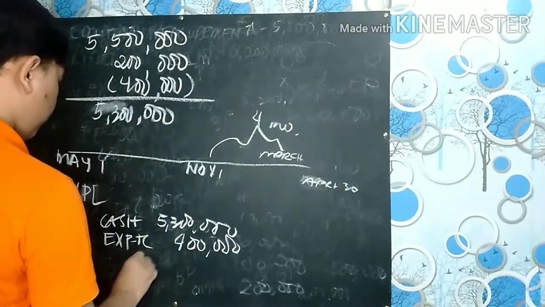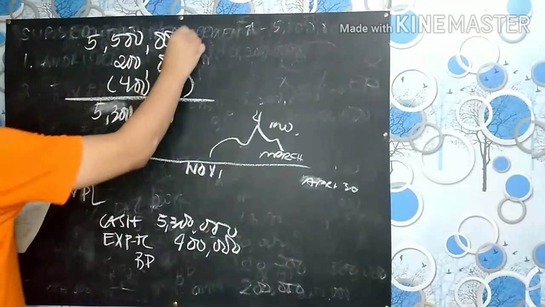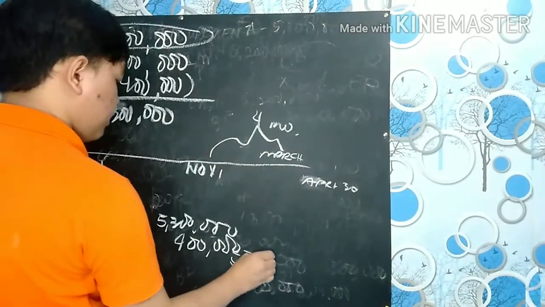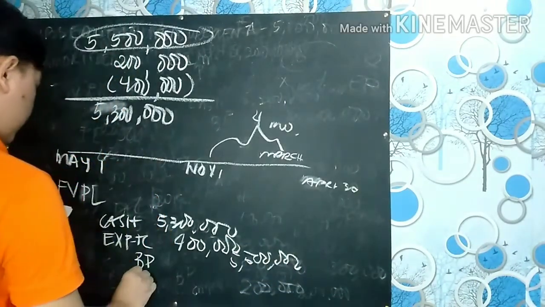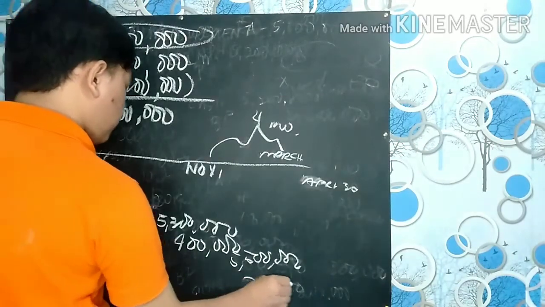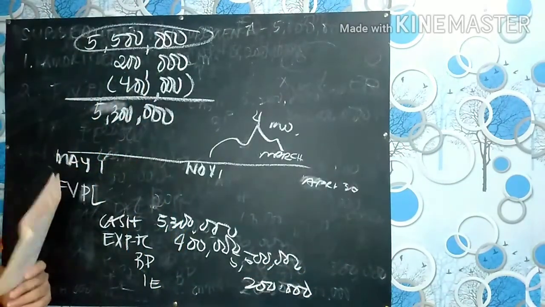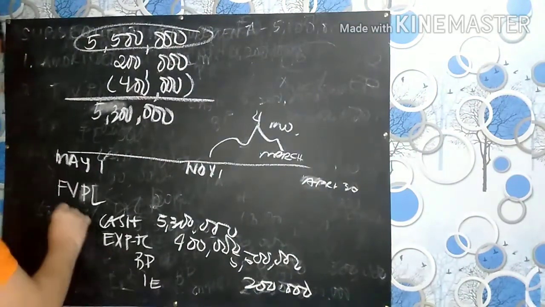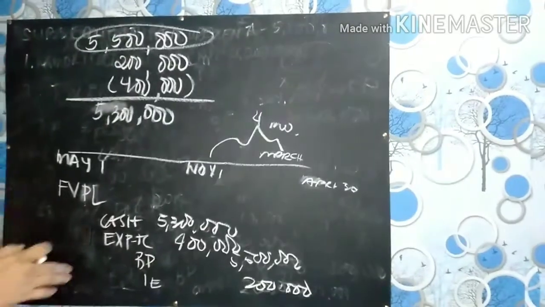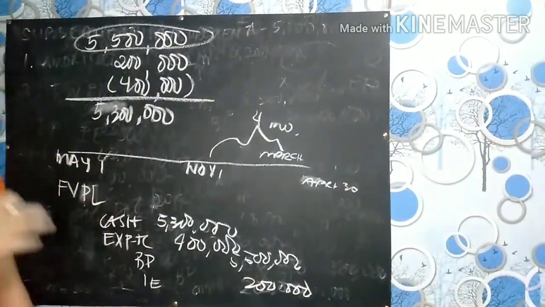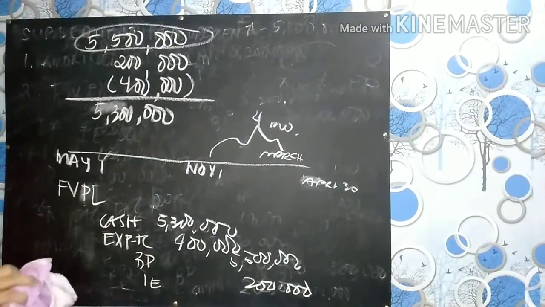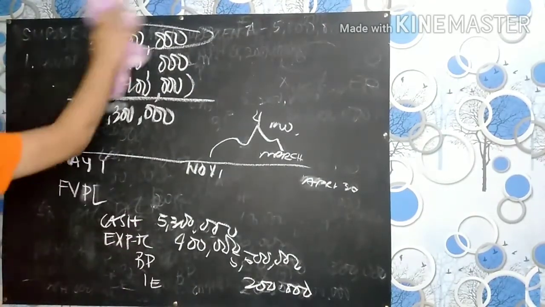Credit tayo ng bonds payable. Magkano? Of course, ito, 5,500,000. And credit tayo ng interest expense for 200,000. So, ganun lang po siya kasimple kapag fair value through profit or loss. So, dapat alam nyo po yung difference ng fair value less transaction cost and fair value through profit or loss. So, okay na po tayo sa number 1. Let's proceed to number 2 problem.